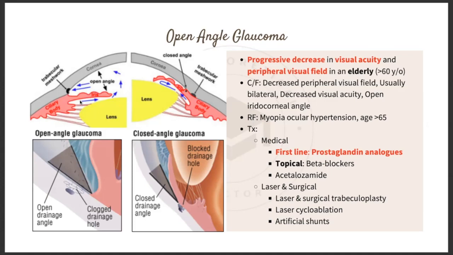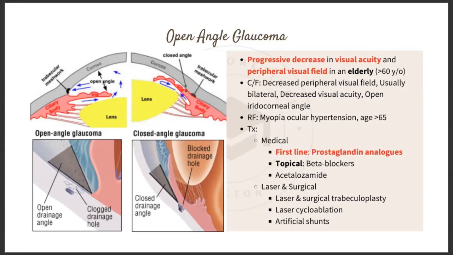What happens is the aqueous humor comes out, and it is usually due to obstruction in the trabecular meshwork, but it's not caused by the iris. Now, what happens is this can occur over time. Unlike in closed angle glaucoma, it's usually acute, very fast, and they will come to the hospital immediately with severe eye pain. But with open angle glaucoma, it can occur over time.